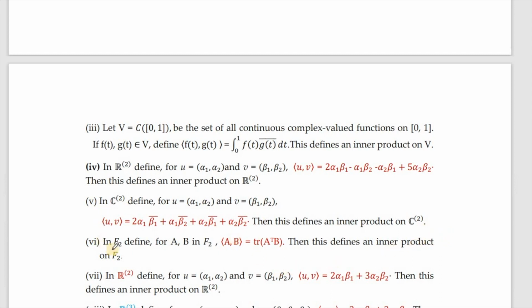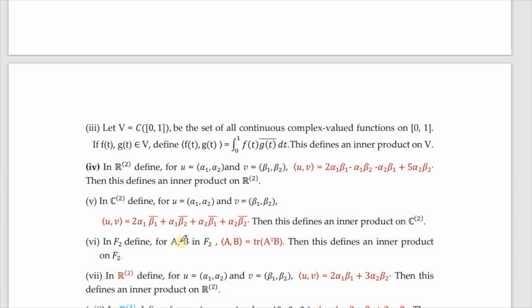Now in the case of the collection of all 2 cross 2 matrices, we know very well that F2 stands for the collection of all 2 cross 2 matrices over F. Here again F can be either the field of real numbers or complex numbers.